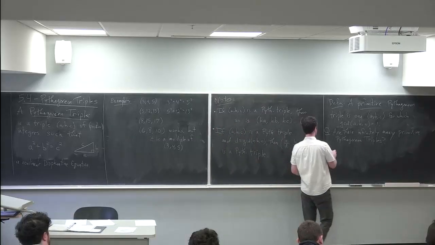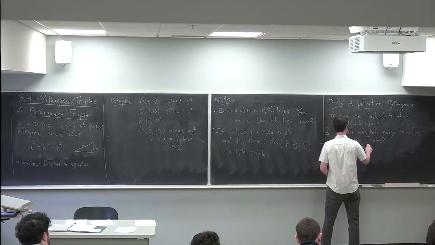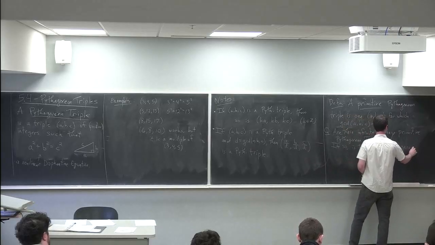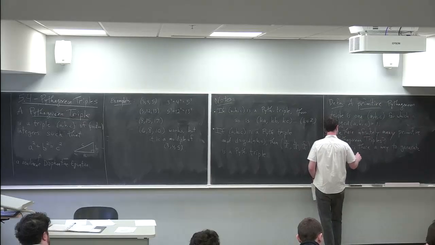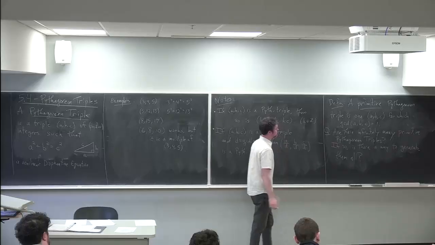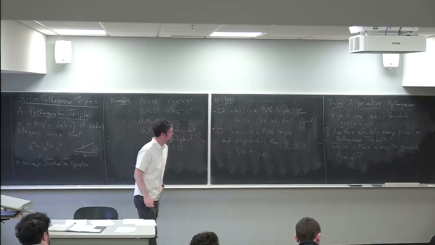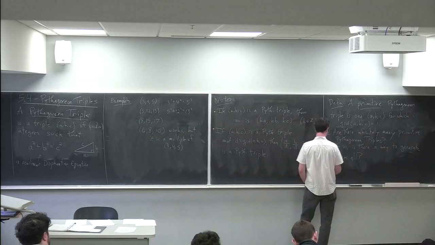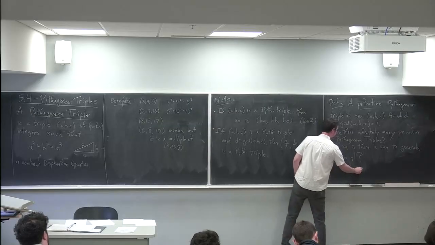So if so, is there a way to generate them all? Or describe them all, and so, the answers are going to be, in both cases, yes. So that answer's going to be yes and yes. And that's where we're headed right now.